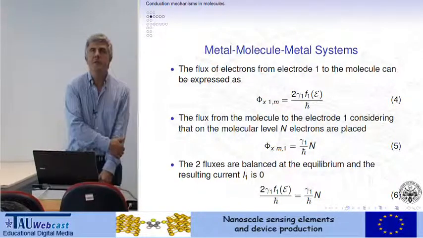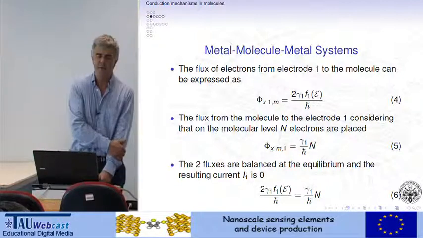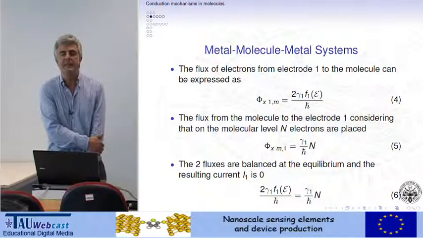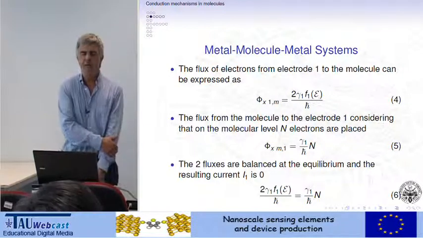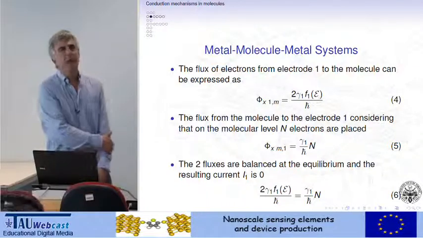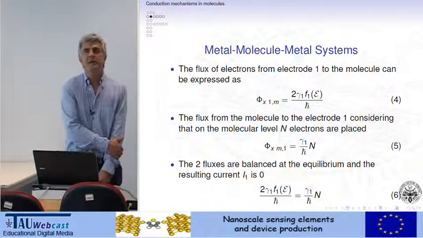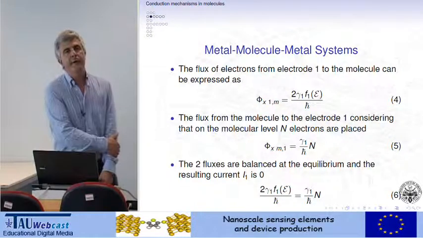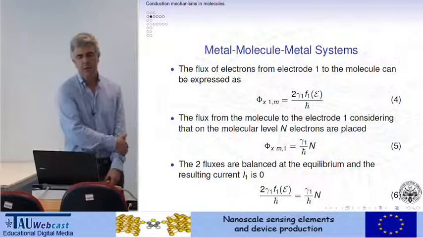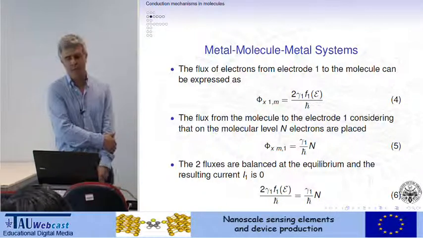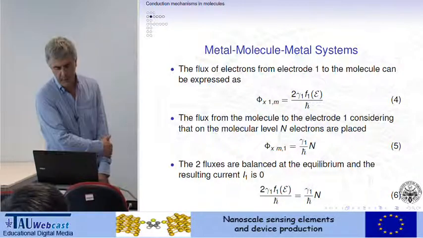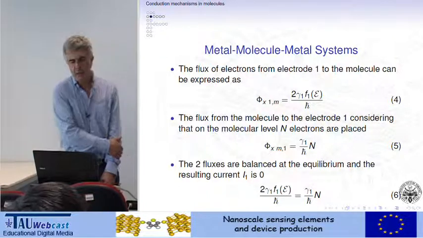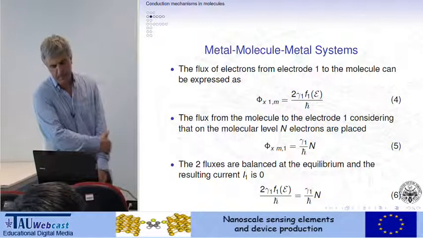So we can use a very simple expression to evaluate the first flux simply by evaluating the density, the number of electrons at the energy E, and this quantity can be divided by the time required to cross the interface. So the first flux will be simply 2 f1 times gamma 1 over h bar.